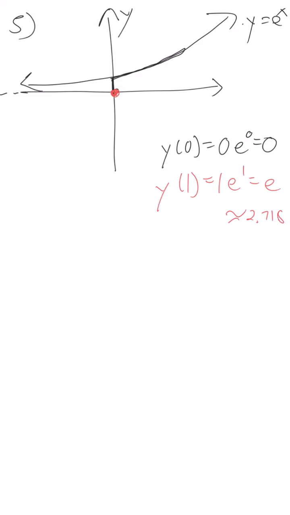Well, I don't even know where that compares to the other function. So the other function, y of 1 would be e to the 1, which again is e. Oh, they match up at 1. So at (1, e), there's a matchup of some sort. That's an interesting find, right?